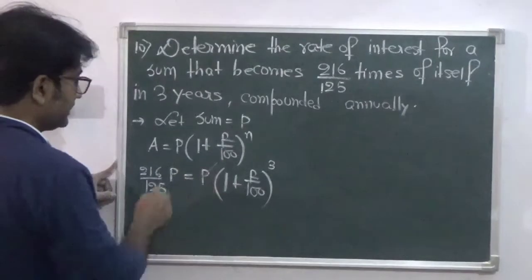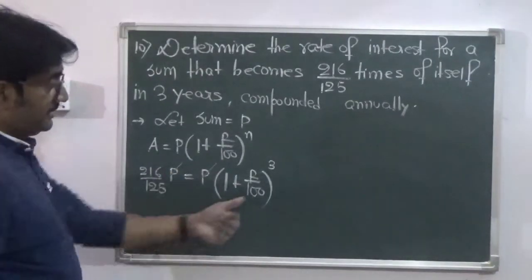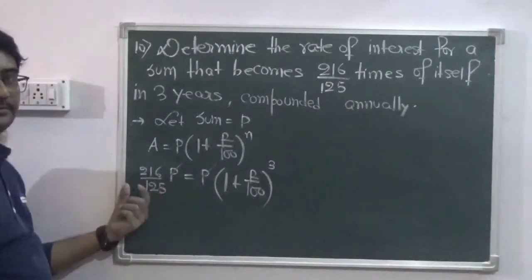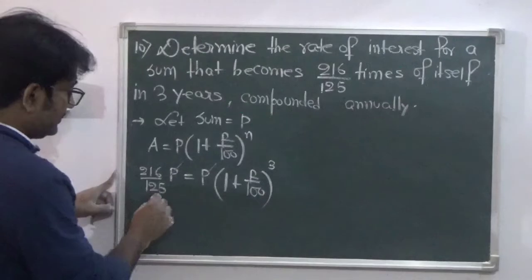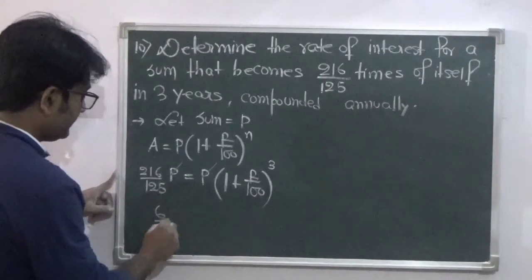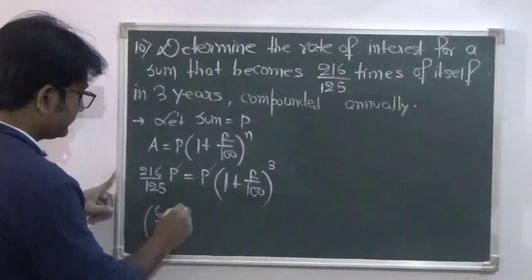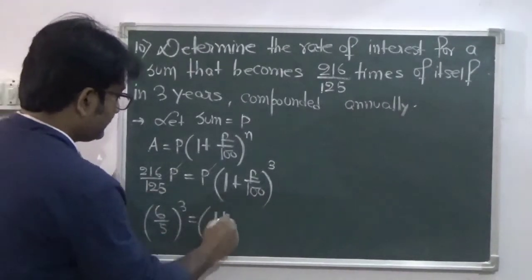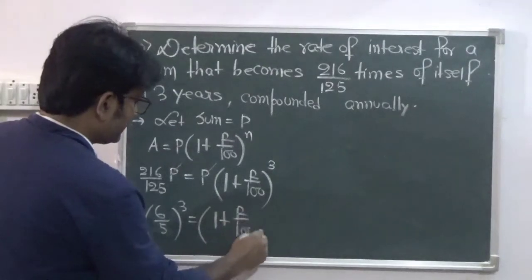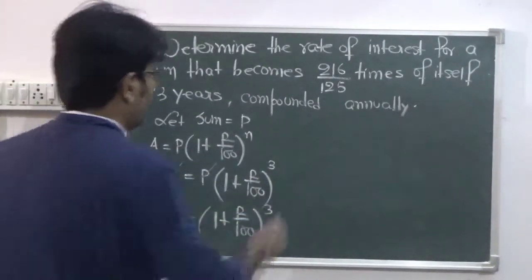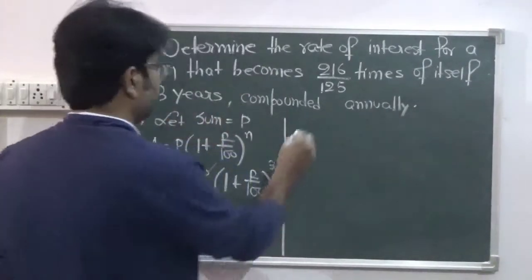So here you can cancel P on both sides. Now you can see the power is 3, so this also has to be a power of 3. So it is 6 by 5 whole cube. And this is 1 plus R by 100 whole cube. So now you take the cube root on both sides.